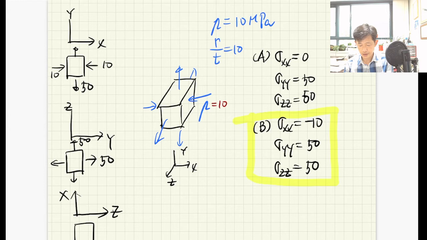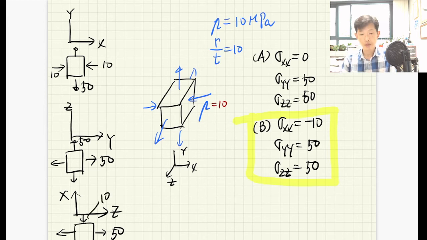In the ZX direction, sigma Z is 50, and then this is minus 10. So let's try to construct a Mohr circle.